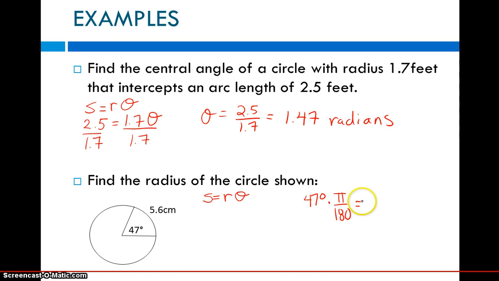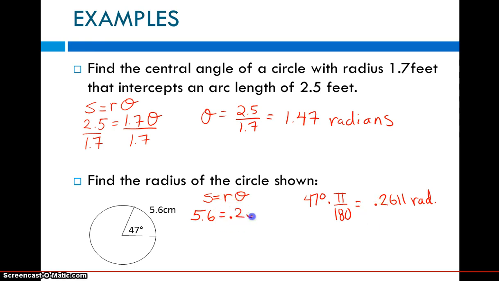And then when we multiply it out, we get 0.2611, and this would be in radians. So now we can find what our radius is since we have the central angle in radians. So we know that the arc length is 5.6 centimeters, and our central angle is 0.2611 radians.